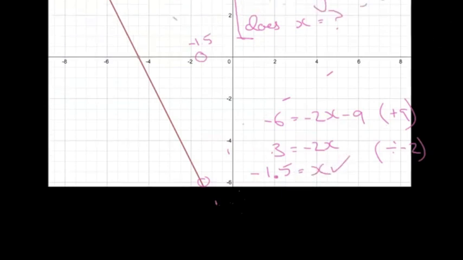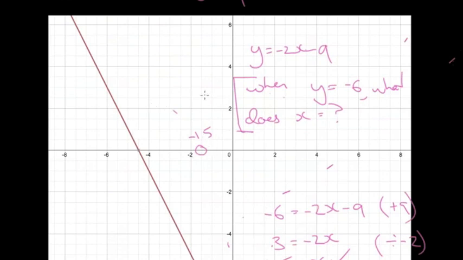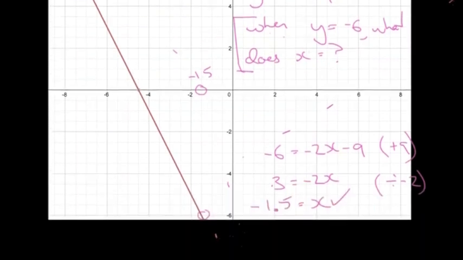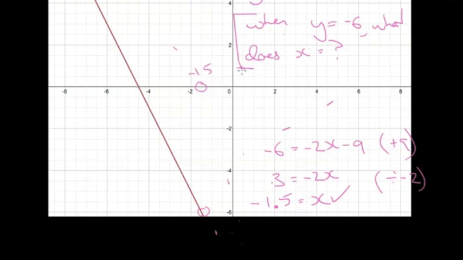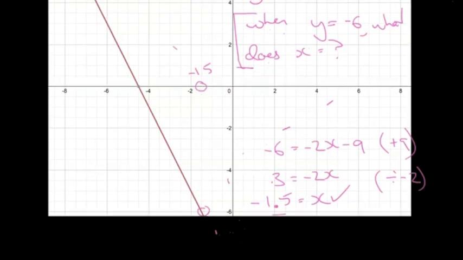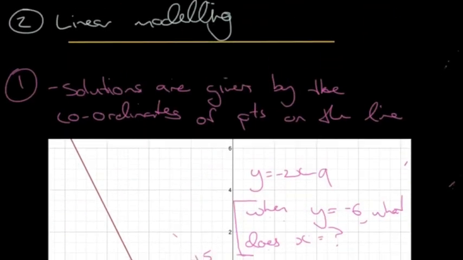So we can see that you can actually just read off the graph. And similarly, if we were to say, when x equals negative 1.5, what does y equal? You just go back 1.5, find the graph, and what's the y value? Negative 6. So that's a good way to do things.